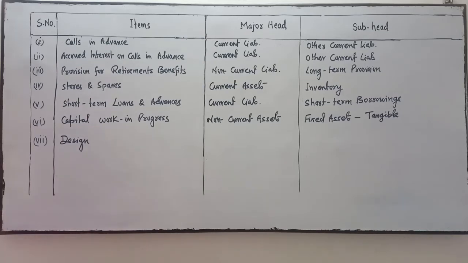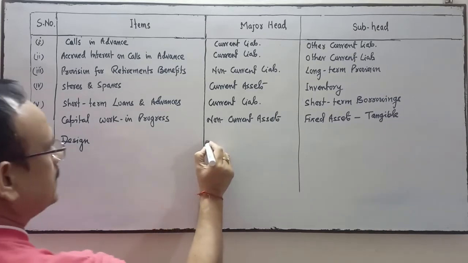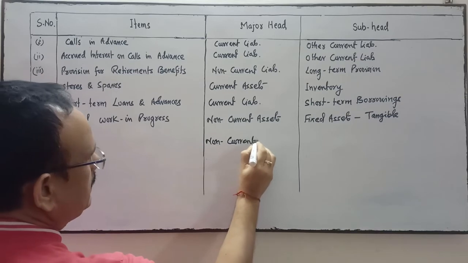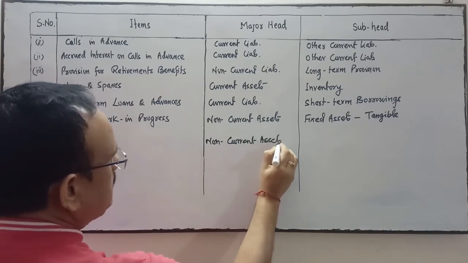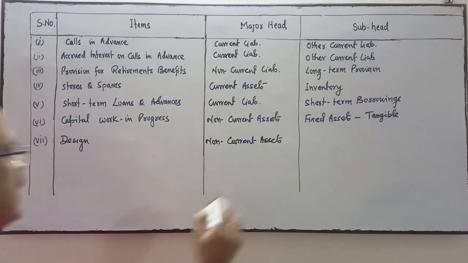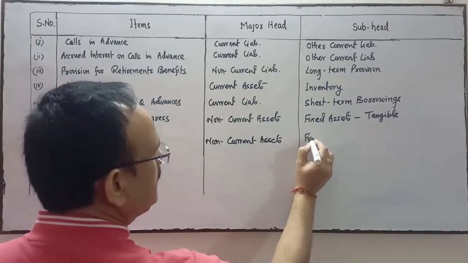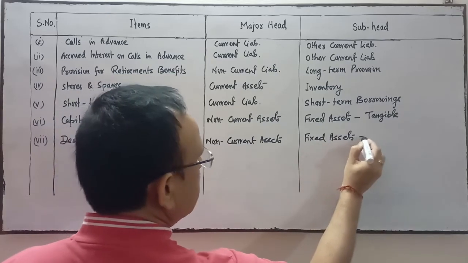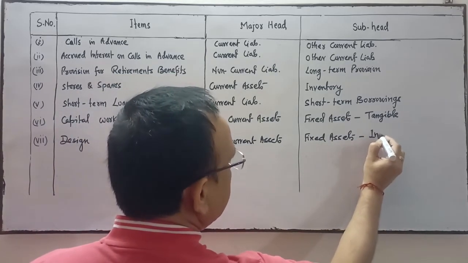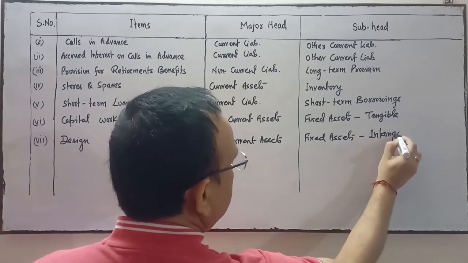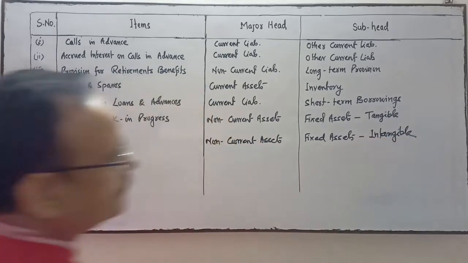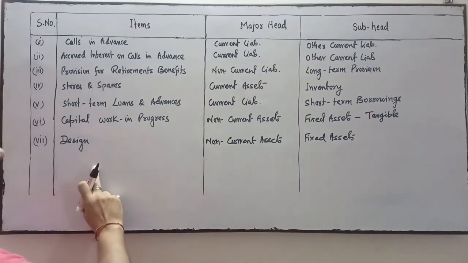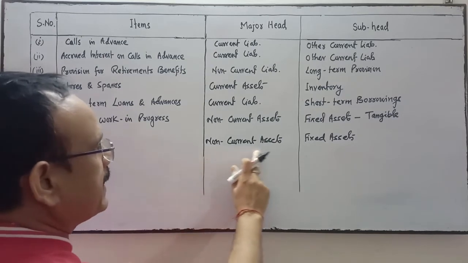Design is also a non-current asset. Design is a non-current asset. Under the non-current assets, this comes under the fixed assets, but it is intangible. So design comes under the non-current assets.